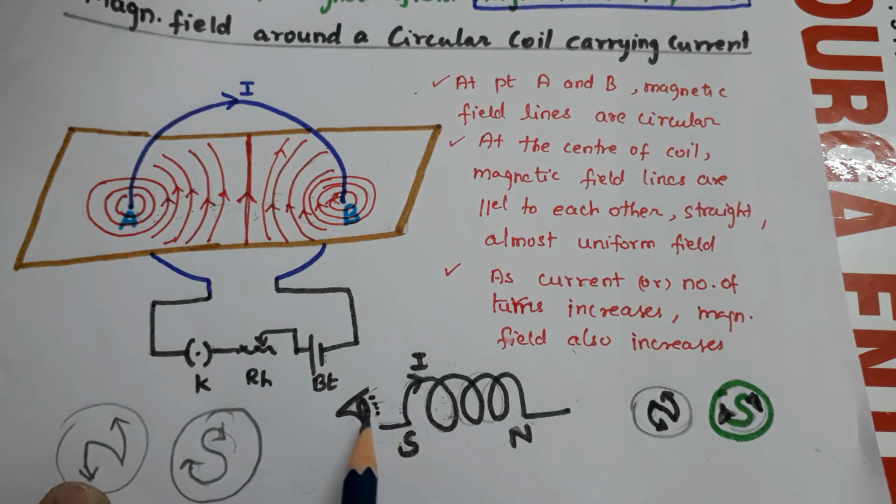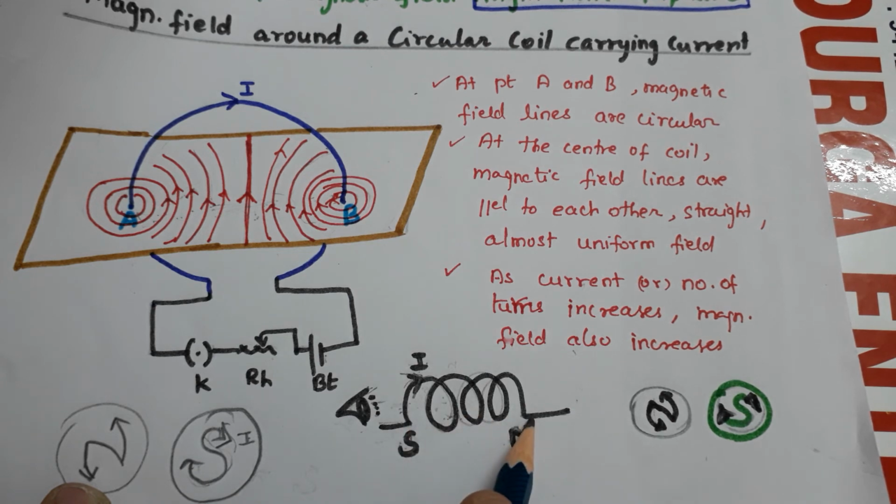For that you can use the end rule. For that you have to look from one end of the coil. The end you are looking at, if the current is flowing in the clockwise direction, that end represents the south pole. If it is the south pole, the other end will be the north pole.